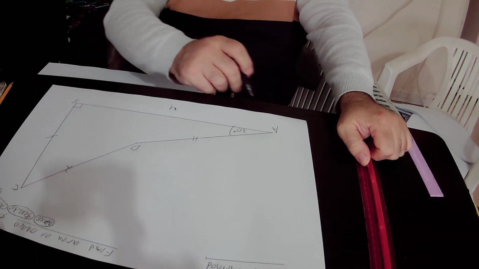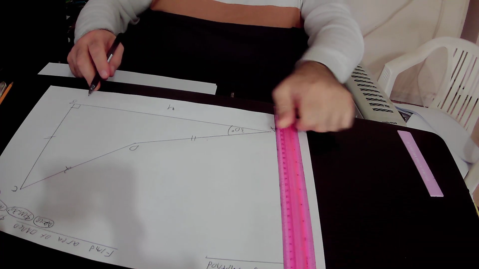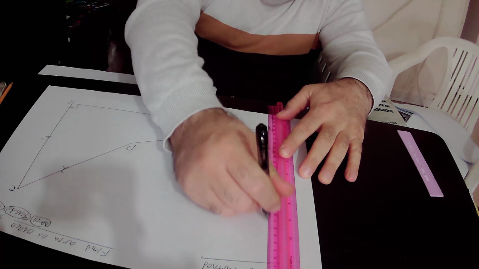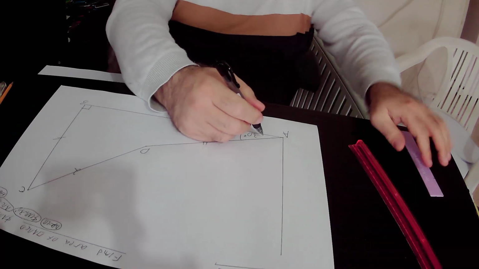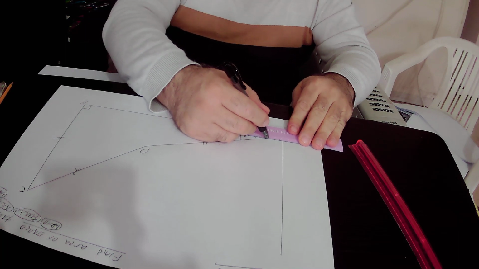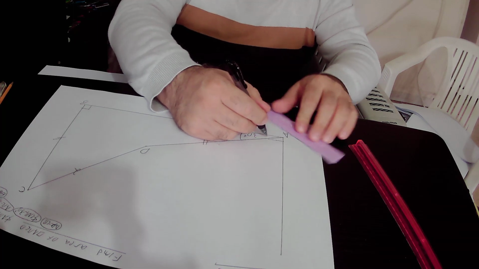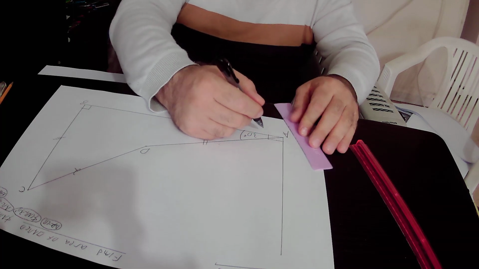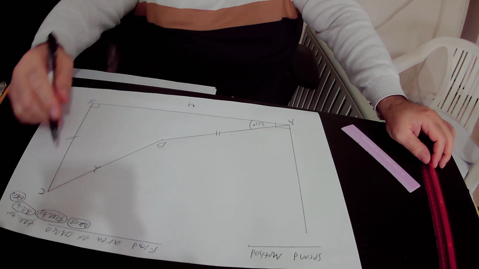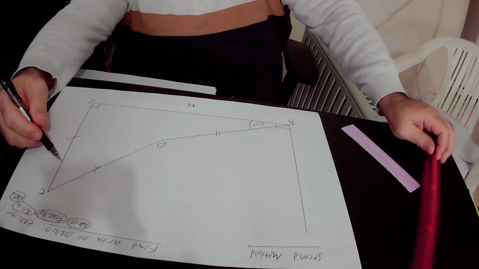From point A, we will draw a perpendicular to AB. So this angle will be a right angle, that is to say it will be equal to 90 degrees. And from point C, we will draw a perpendicular to side CB.